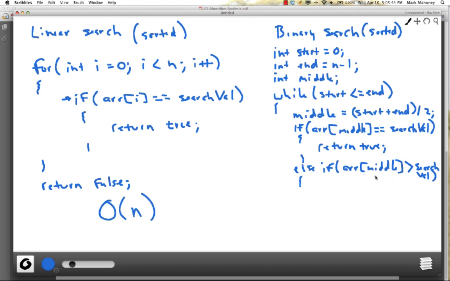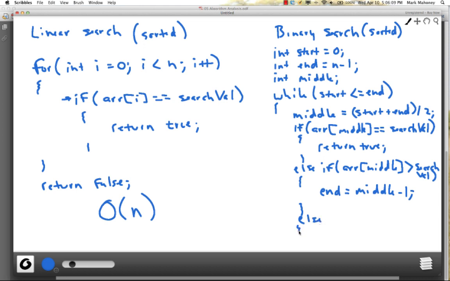But if it is in the list, it's going to be in the first half. So if the array in the middle is greater than what we're looking for, we would move the end to be the middle minus 1.